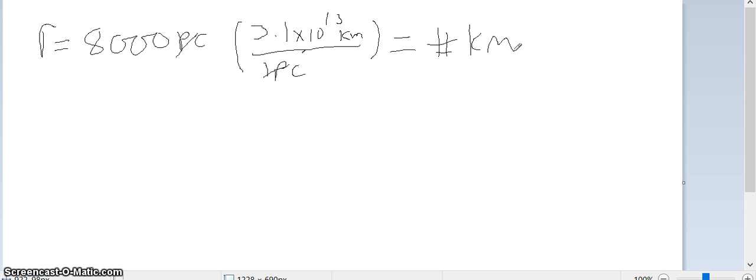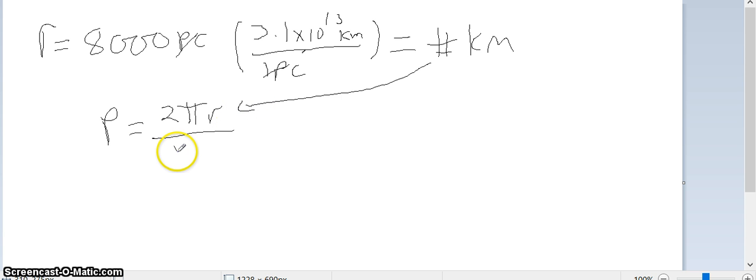And then to solve for the period, going back to that equation that we just had, the period is equal to 2 pi times the radius. So we're going to use this number right here for the radius, and then we divide by the velocity that they give us, which is already in kilometers per second.